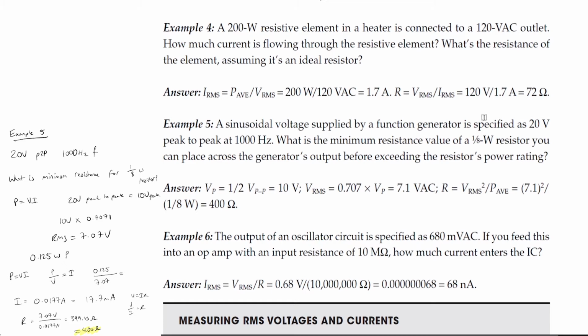Then it's just V is equal to IR, so V divided by I is equal to R. We take 7.07 volts divided by 0.0177 amps, and that will give us the resistance.